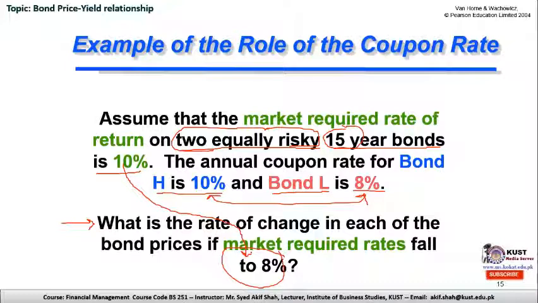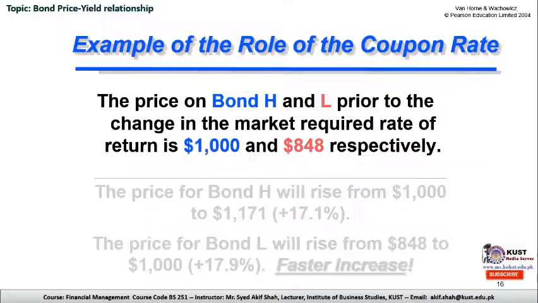Then what kind of impact will there be on the bond prices of these two equally risky bonds? So the bond price on bond H, which has the higher coupon rate, and bond L, prior to the change in the market rate, was 1000 and 848 respectively.